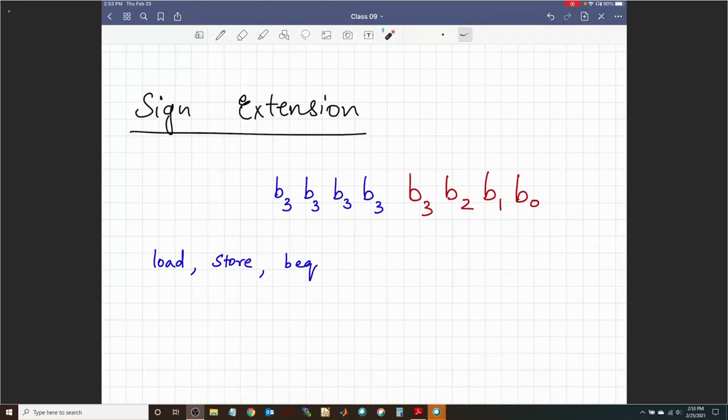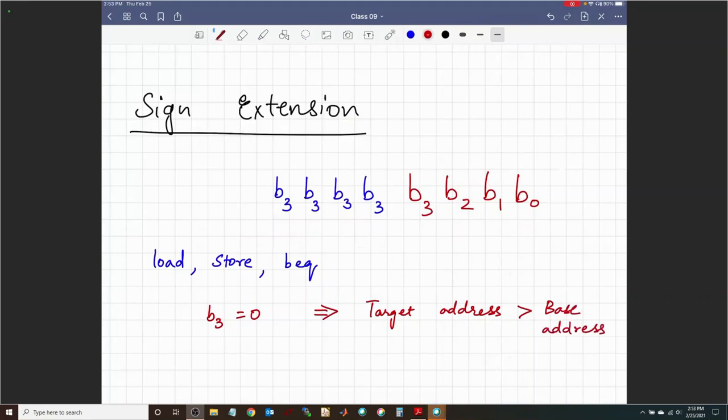If B3 equals 0, what does that imply? That implies that as far as load and store instructions are concerned, the target address is greater than the base address.